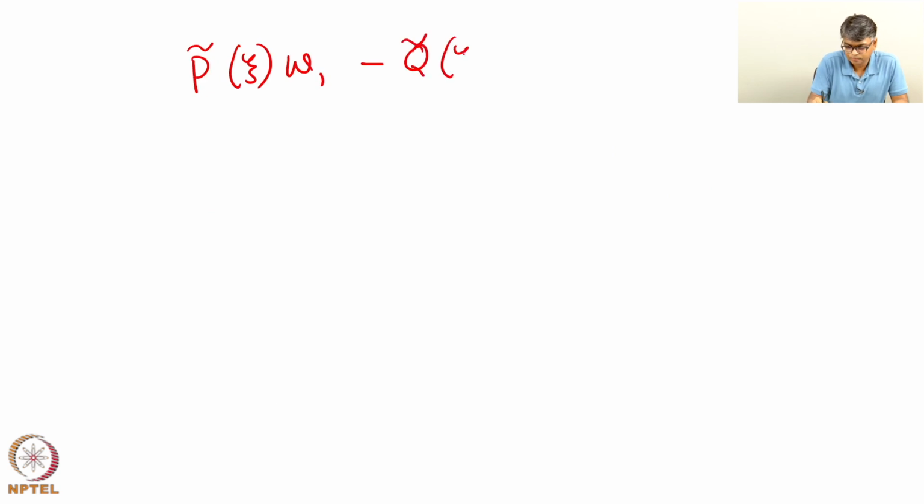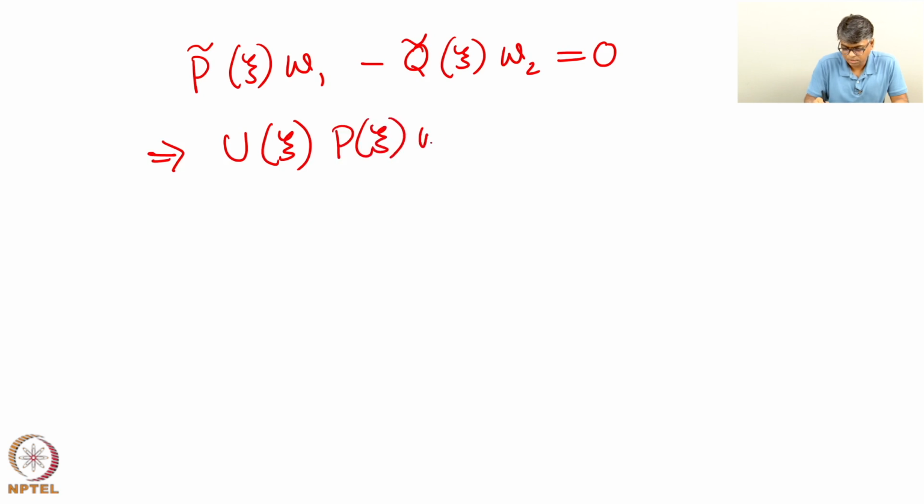This is my equation 1. What is my equation 2? Equation 2 is P tilde(ψ) W1 minus Q tilde(ψ) W2 is equal to 0. But P tilde has already been proven to be equal to U(ψ) P(ψ), so this becomes U(ψ) P(ψ) W1 minus Q tilde(ψ) W2 equal to 0.